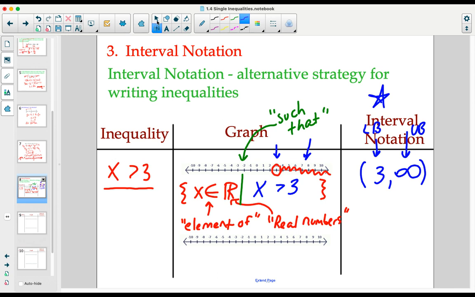So we have 3 different ways to write inequalities. We have the overly simplistic way that you've been using since you started studying inequalities with variables. We have the actual proper set notation way, which uses the idea of elements and set notation as this is a set of solutions.